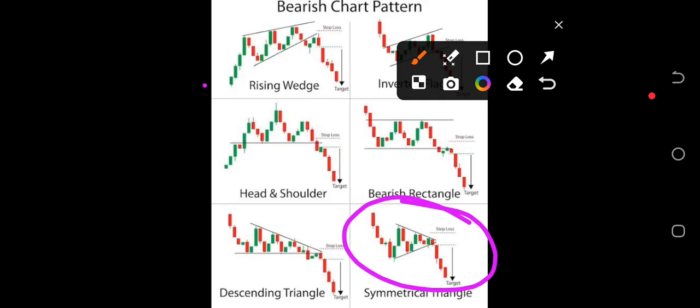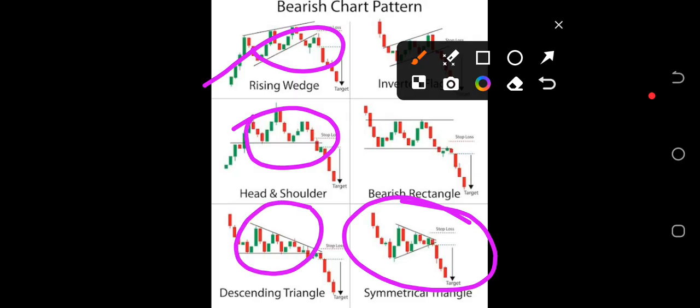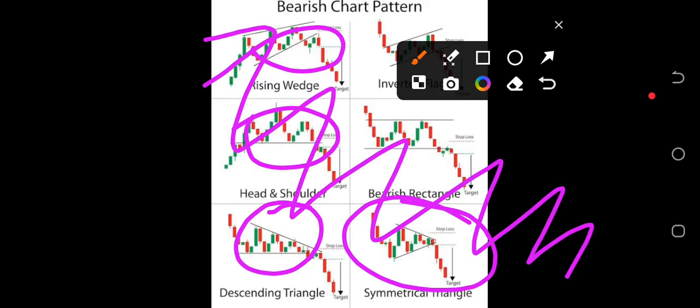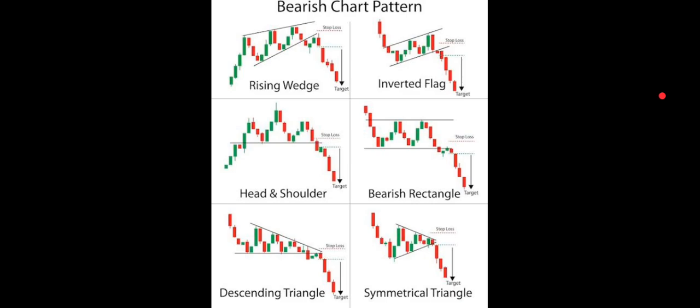If you are seeing a rising wedge, pay attention to the sellers. A double top, pay attention to the sellers. Descending triangle, pay attention to the sellers. That means the trend is what I'm talking about, the downtrend. Pay attention to the trend. It is the trend that will help you determine that if the market breaks out, especially at the lower side, it's an indication of continuous selling in the market.